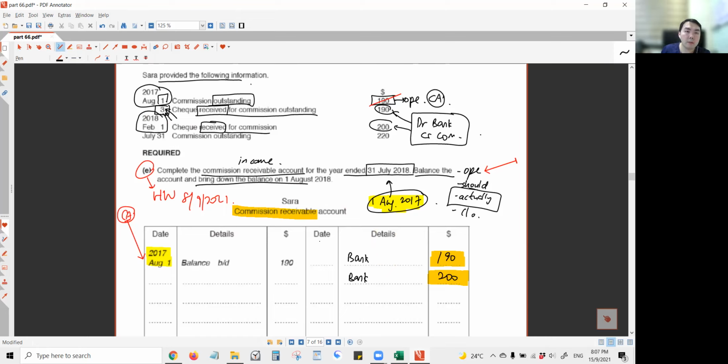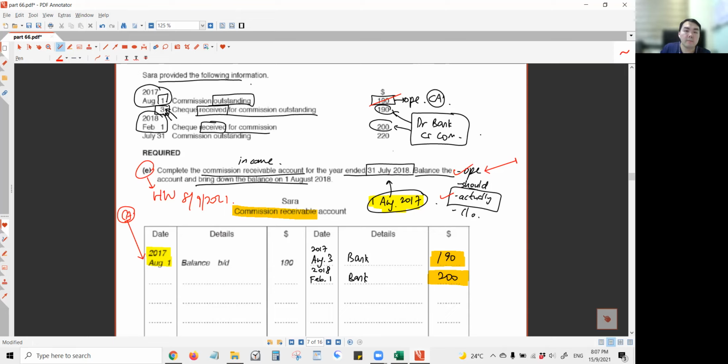Now the dates completed. February 1st. Now continue. So we have done 2 out of the 4 elements. We have done the opening balance. We have done the amount we have actually received.